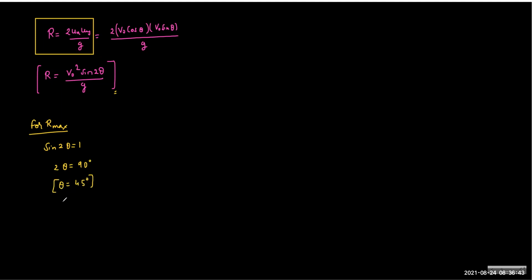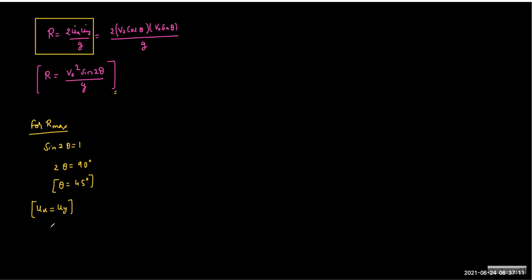So the obvious answer is that when both the components are equal, the other way of looking at it is when ux equals uy. So for range to be maximum, the product of two numbers is maximum, and it turns out that this is possible when both numbers are equal.